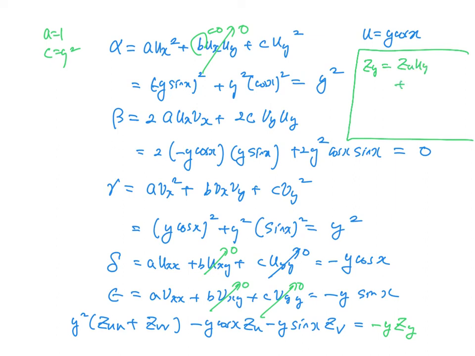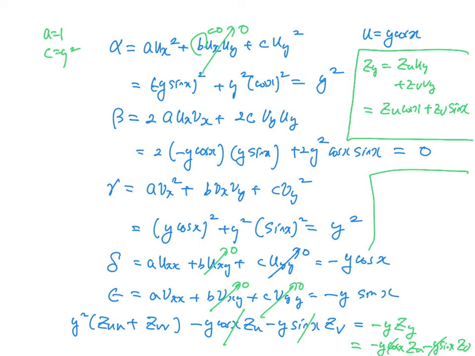cu uy cv vy is cu cosine x cv sine x. So this is actually minus y cosine x cu minus y sine x cv. They cancel each other.